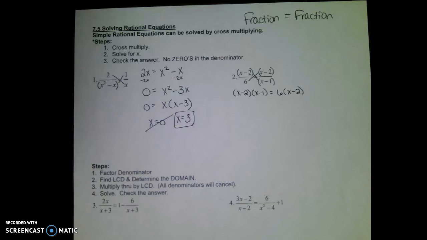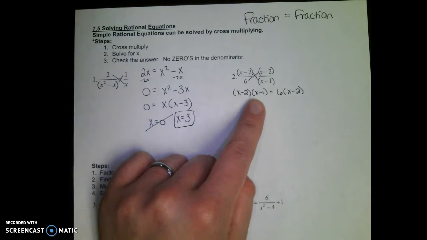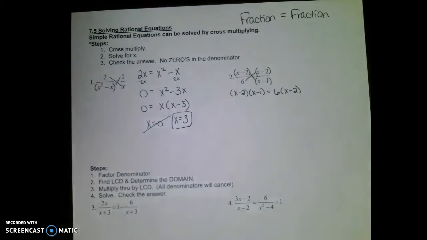On your own, I'd like you to pause the video, double distribute, FOIL, whatever on the left side, distribute on the right side, get one side equal to 0 so that we can factor and solve. Try that part on your own.